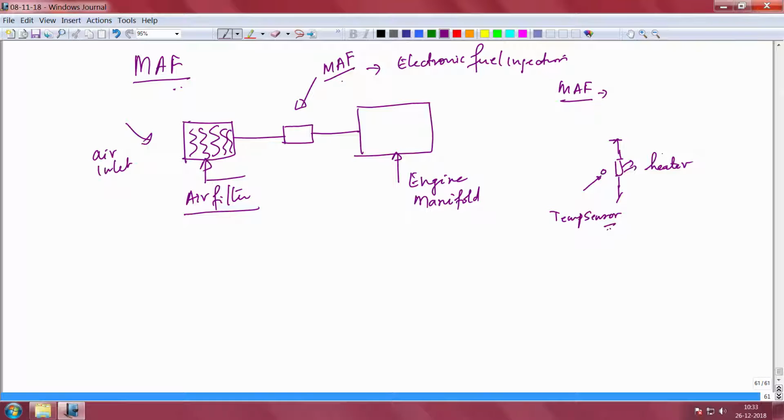So, this heater is essentially maintained at some temperature, and you are measuring the temperature. Now, if there is a flow, typically a laminar flow, across the heater, and the flow rate is low, you do not need too much current to keep the heater at that given temperature.